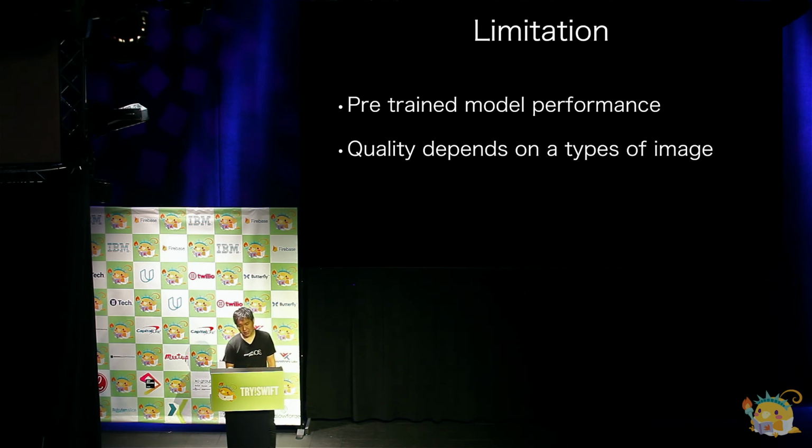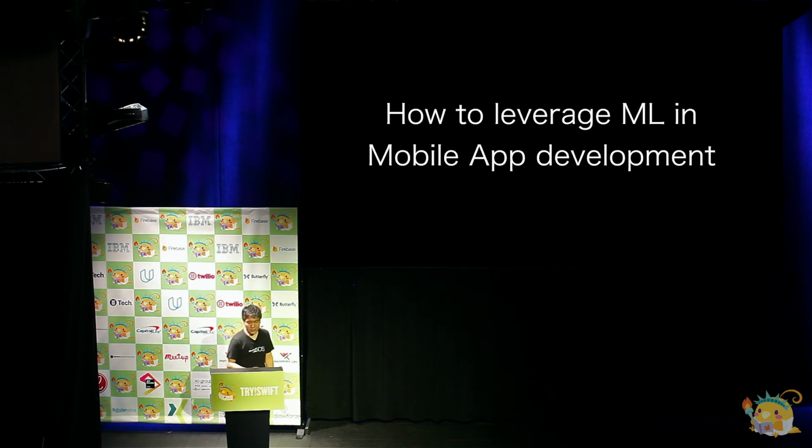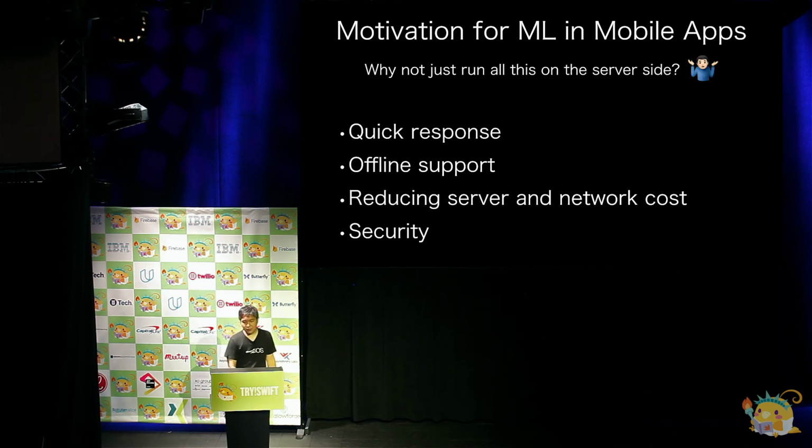So up to this point, I talked about super resolution and CoreML. But lastly, I want to shift the perspective slightly to talk about how ML technology can be applied to mobile app development. CoreML has made it possible to execute various ML-based processing on the device, but I think it is important to always consider whether it's really necessary to do this on the device. Even if you have cool ideas involving CoreML, sometimes you may reach the conclusion, why not just run all this on the server side?